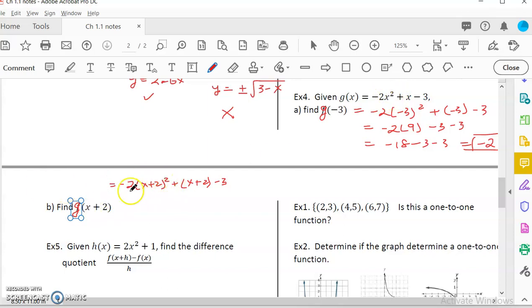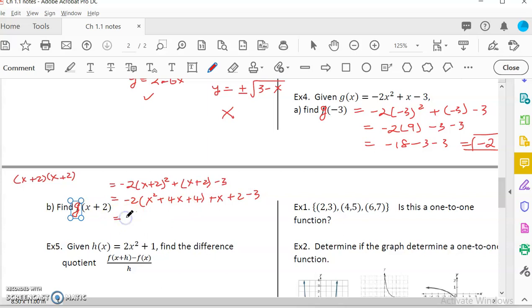Now, x plus 2 squared, you have to FOIL. You cannot just do x squared plus 4. After you FOIL it, it's x squared plus 4x plus 4. Just like when you do a plus h, you have to FOIL. Then plus x plus 2 minus 3.